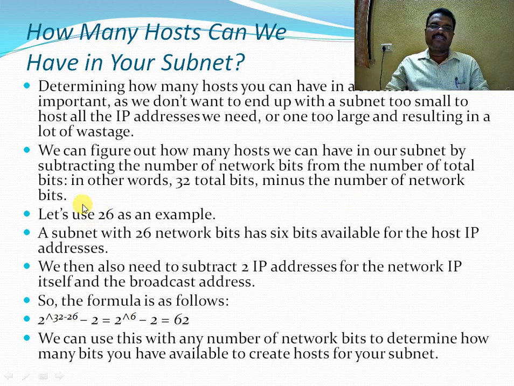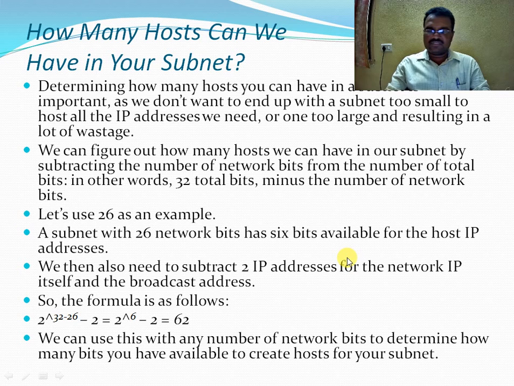Here, taking 26 as the example, there are 26 network bits, so we are subtracting 26 from 32, giving 6. Then 2 to the power of 6 minus 2, because 2 addresses are subtracted for the network IP itself and the broadcast address. That's why we use this formula, and we get 62 hosts in this particular subnet.